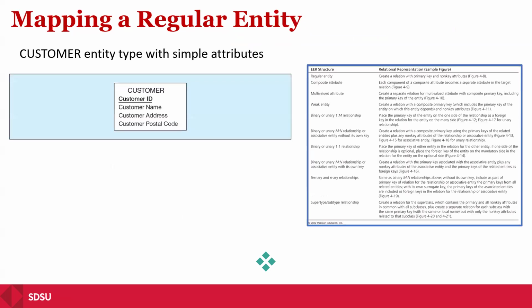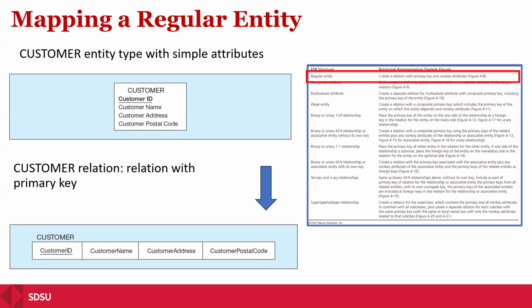All right, so talking about regular entity, we have our rule table here. We have a simple regular entity, customer, with four attributes: customer ID, customer name, address, and postal code, where customer ID is a primary key. Customer is a regular entity, so we find the regular entity rule, and it says create a relation with the primary key and non-key attributes like this.